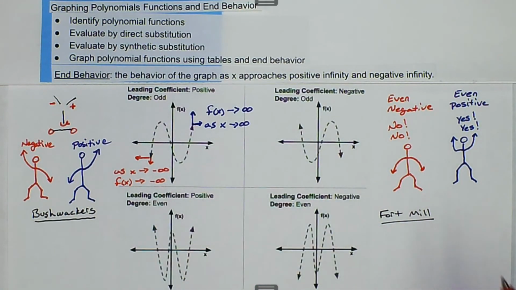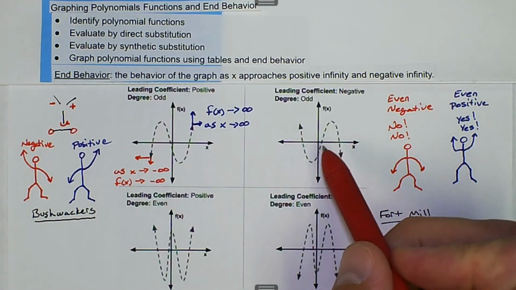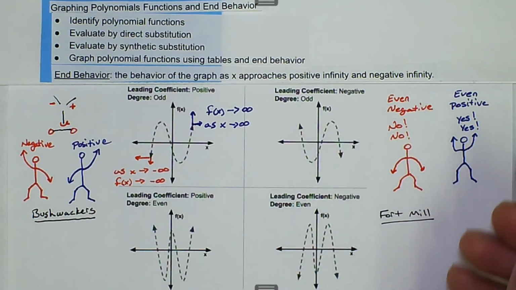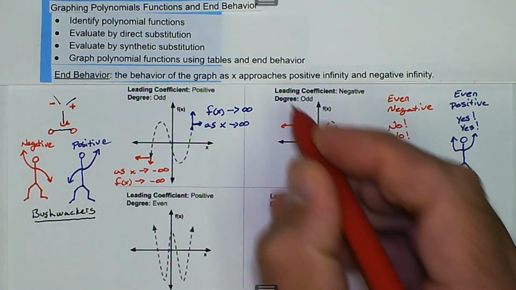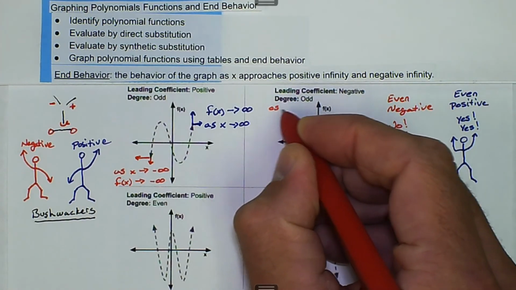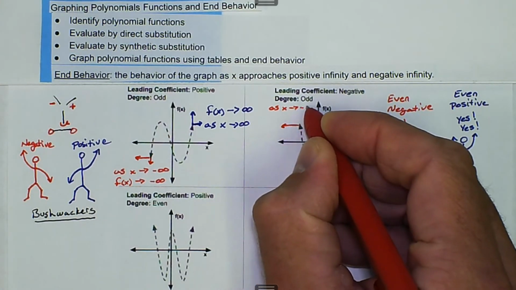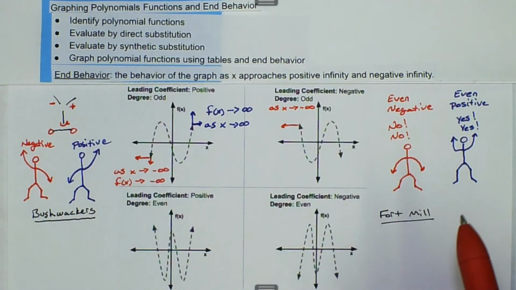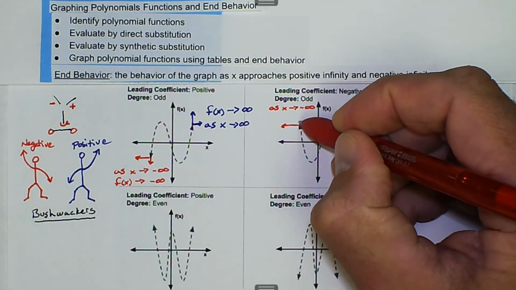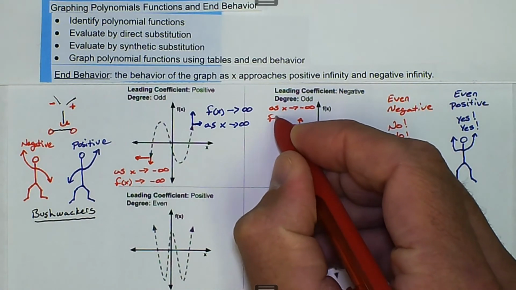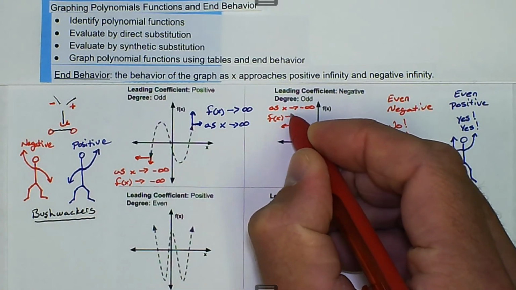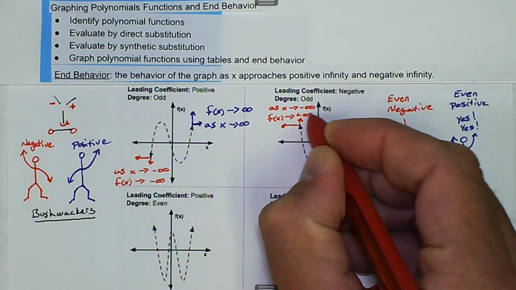So that's what we need to be thinking about for end behavior. And that's the same thing over here. As x goes to negative infinity, what does the function do? The function goes to positive infinity.